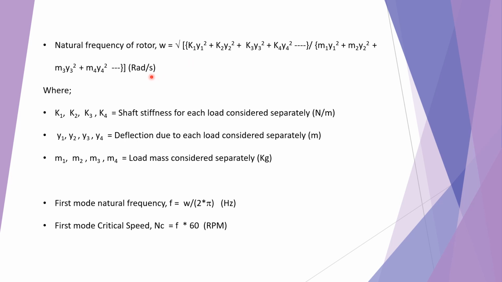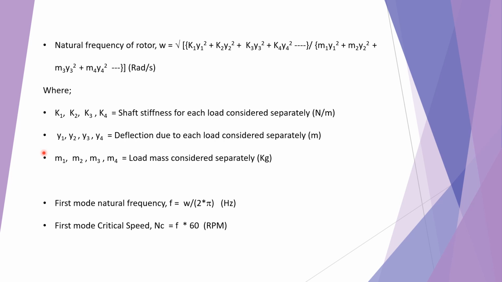So this will give the natural frequency in radian per second. Here K1, K2, K3, K4, etc. are shaft stiffness due to each load considered separately in Newton per meter. Y1, Y2, Y3, Y4 are deflection due to each load considered separately in meter.